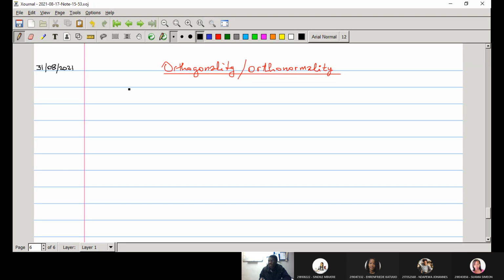Okay, we have this. This is our basis, the basis of a vector space. We can denote it even by G, but that's not important. Now, this is what we call the orthogonality property.